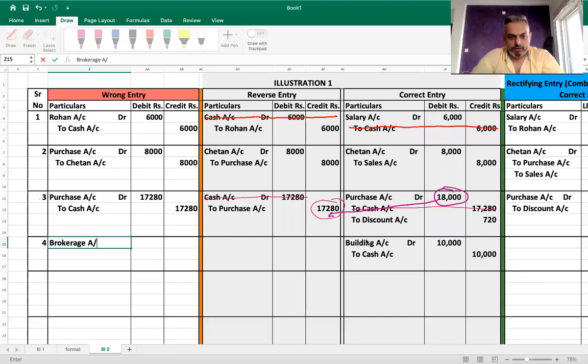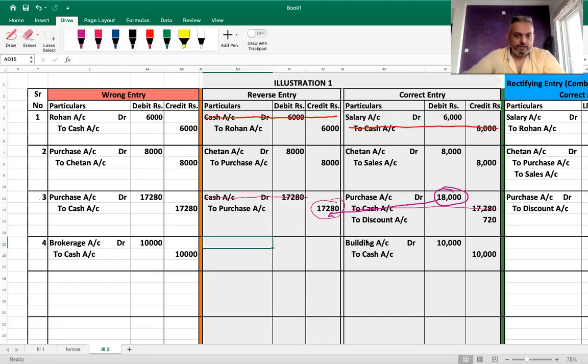Now what's the wrong entry already given? Brokerage account debit to cash account. Now I reverse it. So cash account debit to brokerage account.